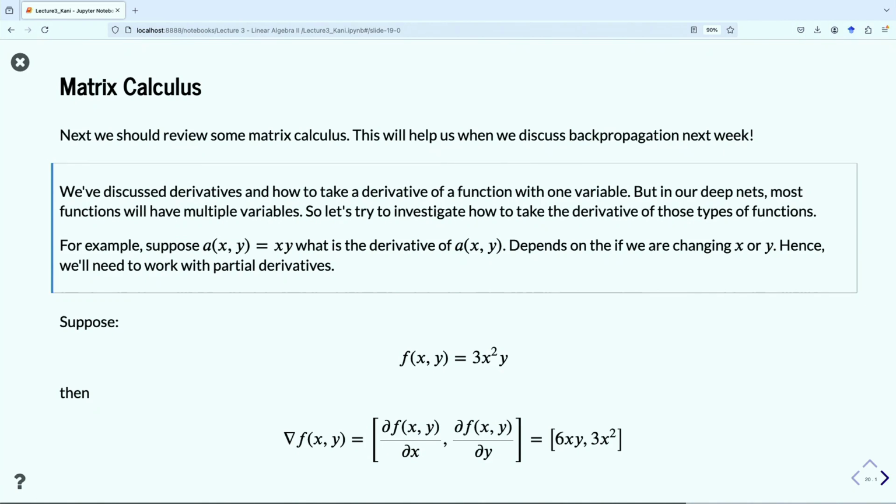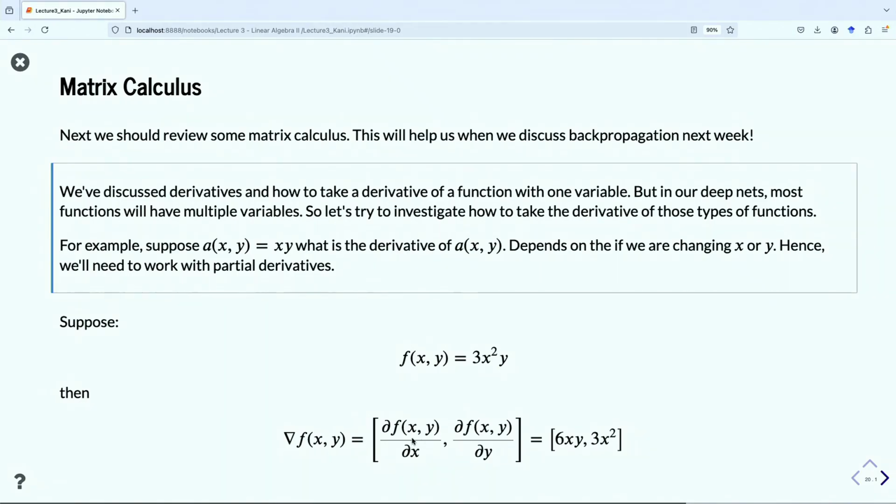If we have this function, then the partial derivative of this function is simply the partial derivative with respect to each of these variables. And if we organize it as a vector, we could organize nabla as a vector where the row represents the partial derivative of a function, and the column represents what variable you're taking the derivative with respect to.